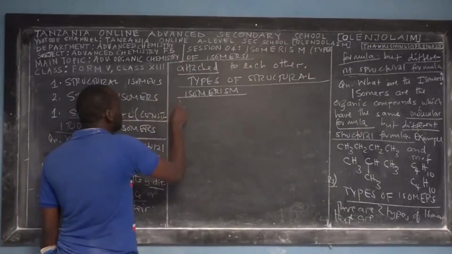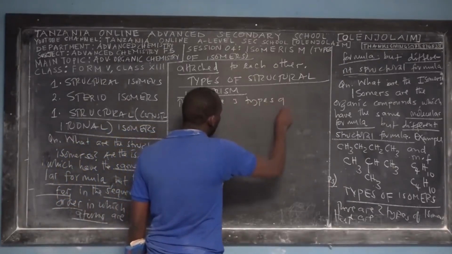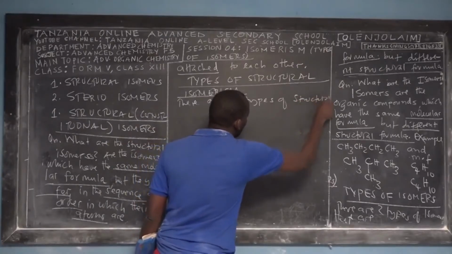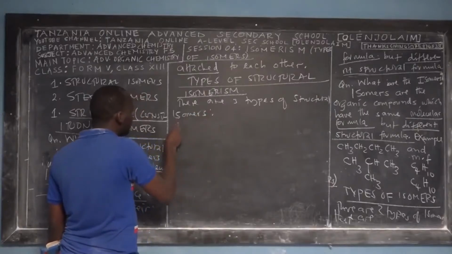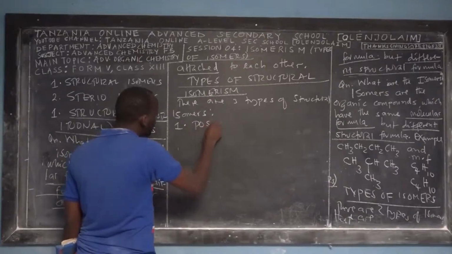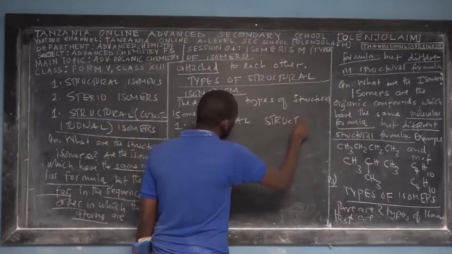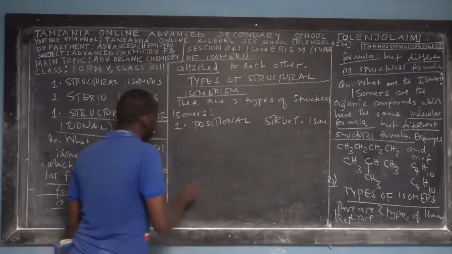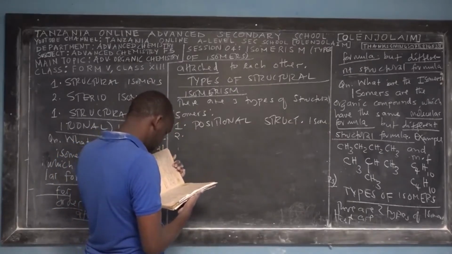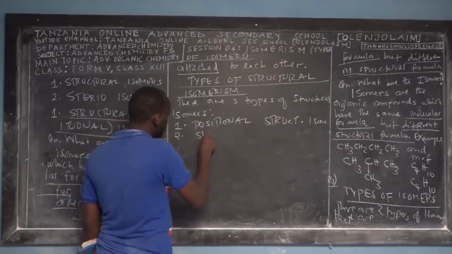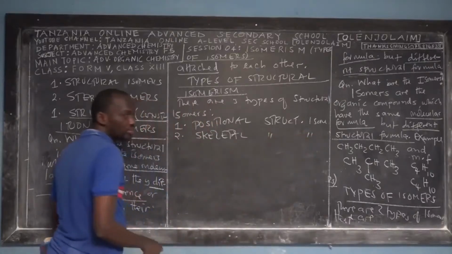That's dangerous. So we said there are three types of structural isomers. The first one is called the positional structural isomer. The second one we call skeletal structural isomer.